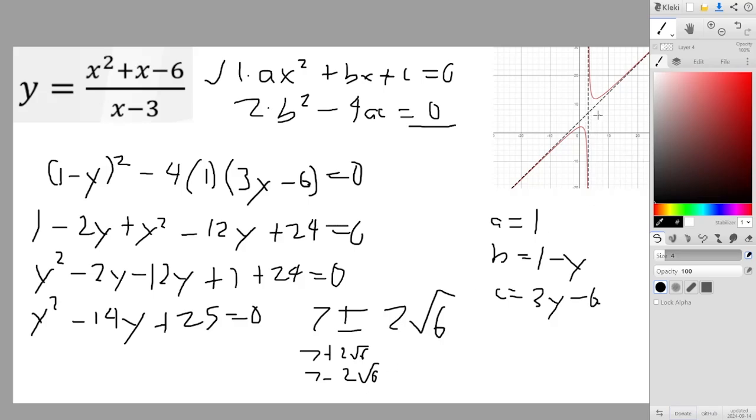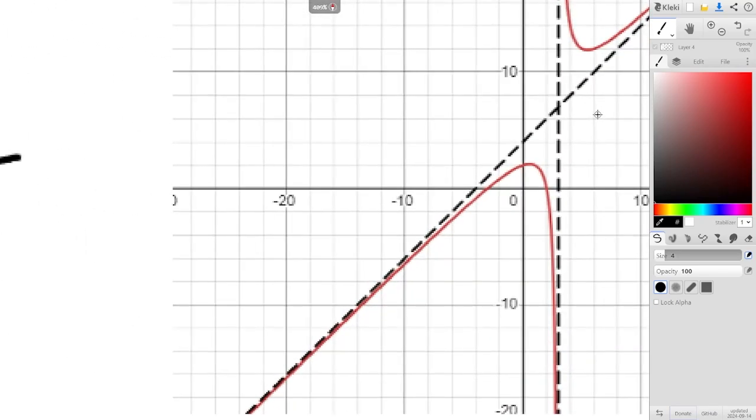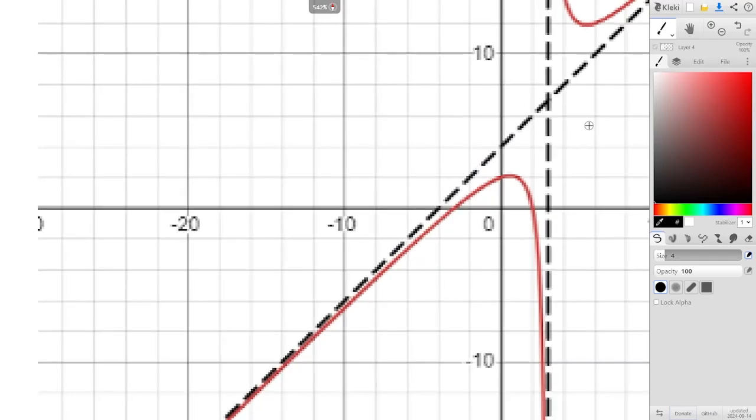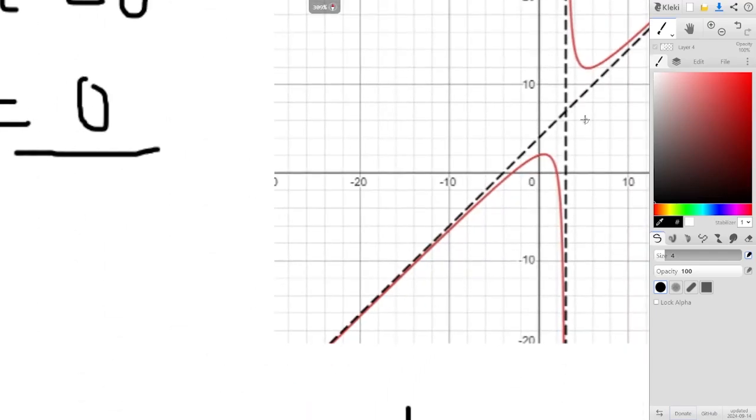All right, let's go back over here. Right, so notice that the intersection of these two asymptotes is roughly at about 7.